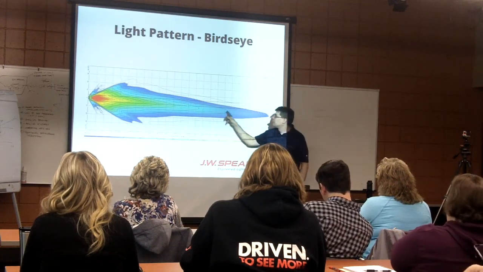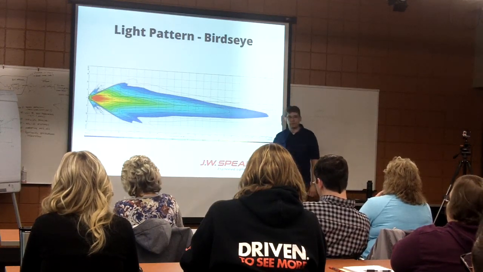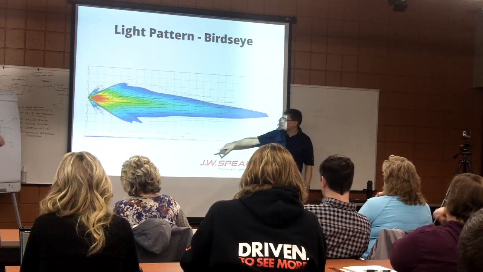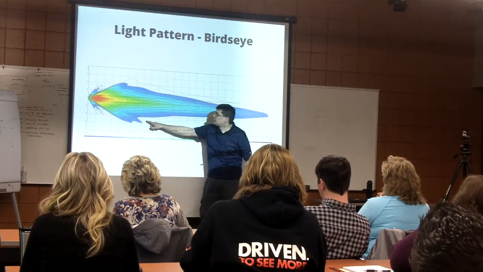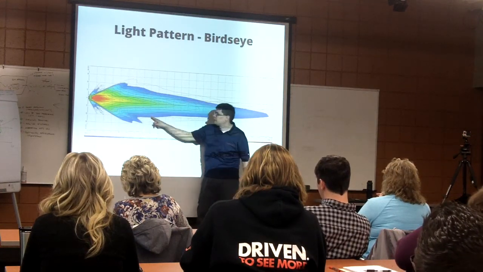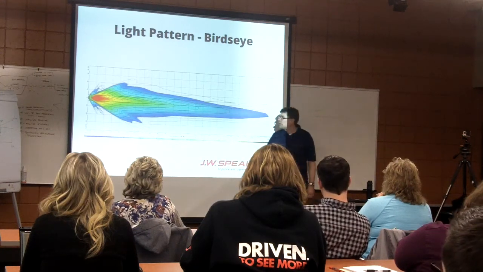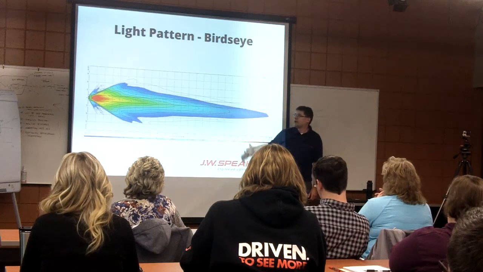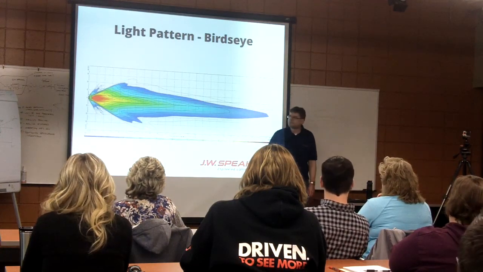You can see the punch, how far it goes down the road, and the foreground light right in front. And then the overall uniformity of the pattern. This is minor, but there's a little bit of a streak starting here as the lines start to curve. This might be a little bit of a dark spot in that area. And the overall brightness doesn't really show up in the bird's eye diagram.